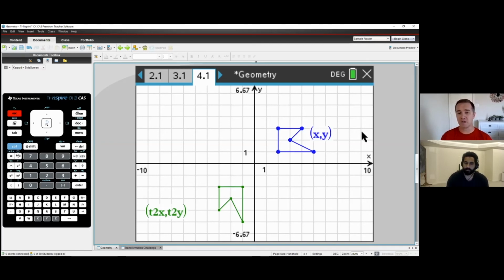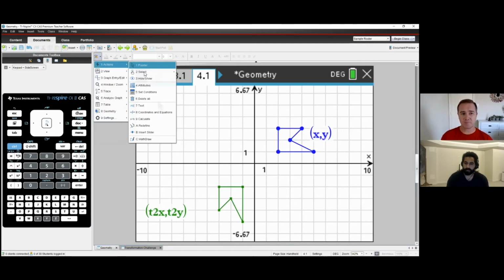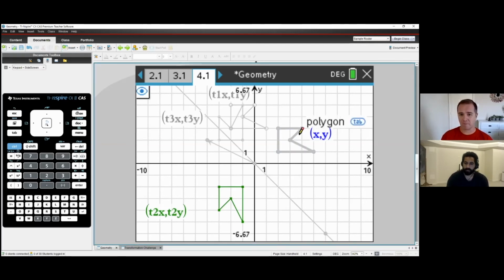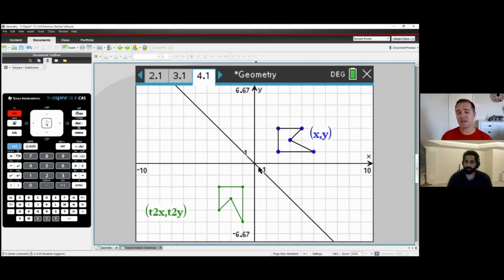I'm going to try doing a reflection on this. So first thing I'm going to do, I'm going to unhide my polygon there. So I have a polygon, and then I'm going to unhide this line right here. Because I think if I take negative y, negative x, that's kind of like saying that I'm going to take this shape and reflect it across the line where y is equal to the opposite of x, right?